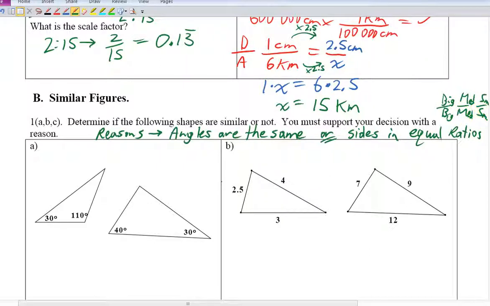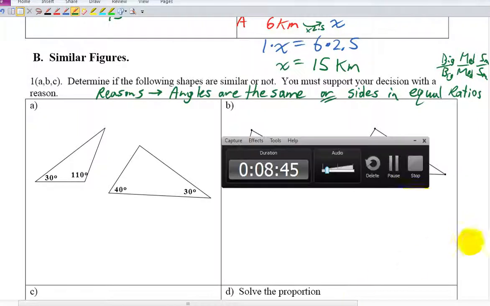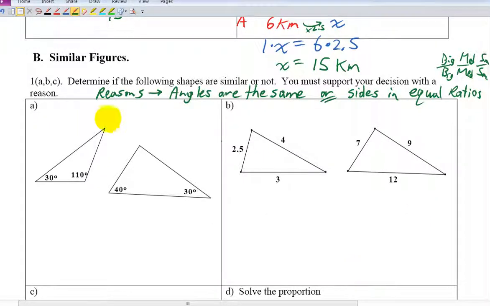Okay, go ahead, do A and B right now. Tell me if A is similar and then give me a reason. So one rule of triangles is they add up to 180 degrees. So 180 minus 110 minus 30, what does that equal? Is it 40 degrees? If you don't know the angle, you've got to find it.